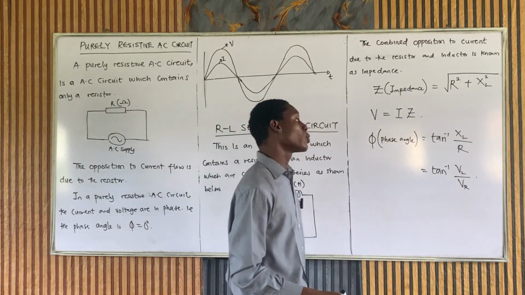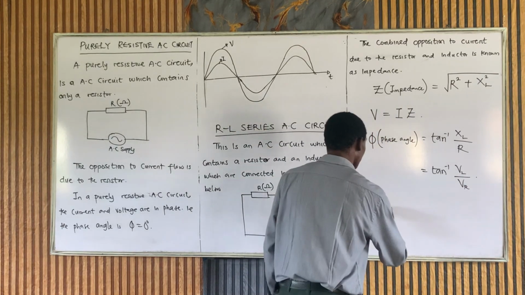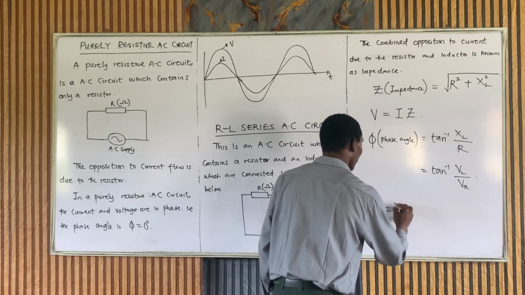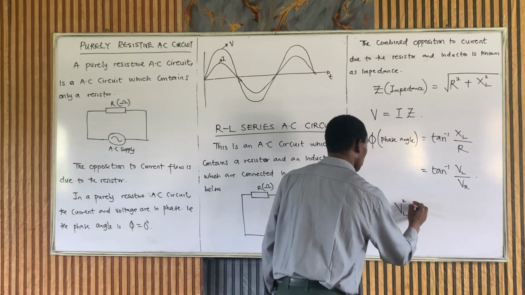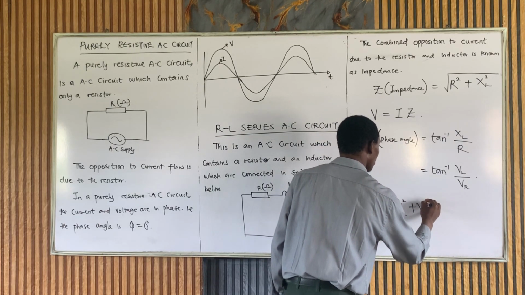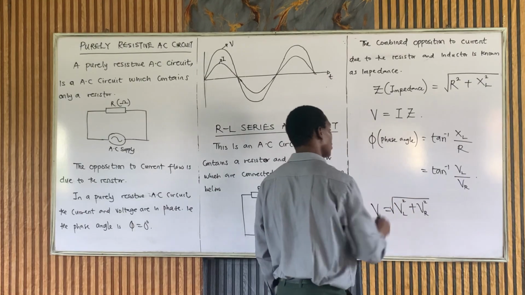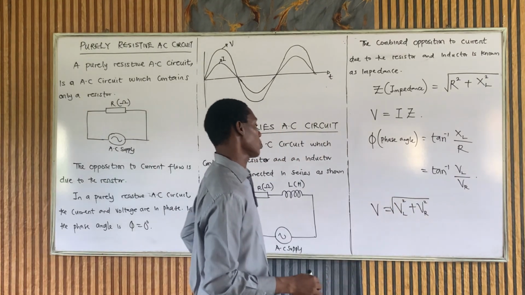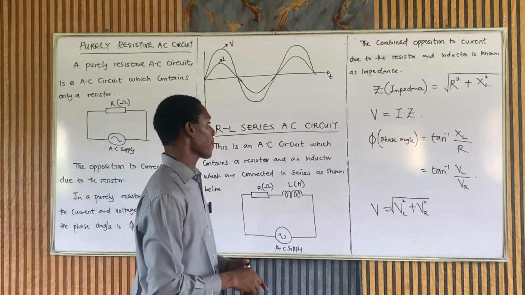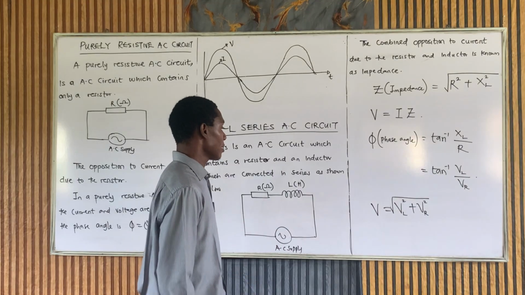And it's important to note that the voltage supply V is equal to the square root of the voltage in the inductor squared plus the voltage in the resistor squared. So that's that about this.